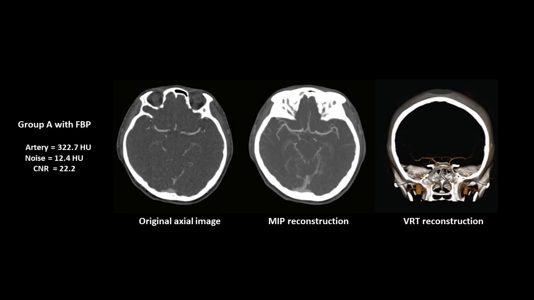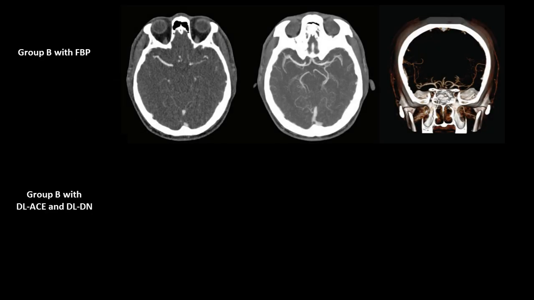Here are the image examples. We can see original axial, MIP, and VRT images from Group A with FBP. Next are images from Group B with FBP and deep learning algorithm. You can see higher vascular attenuation and image noise in Group B with FBP images compared with previous Group A images.